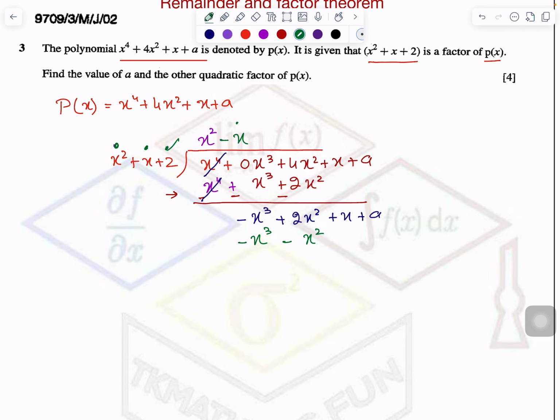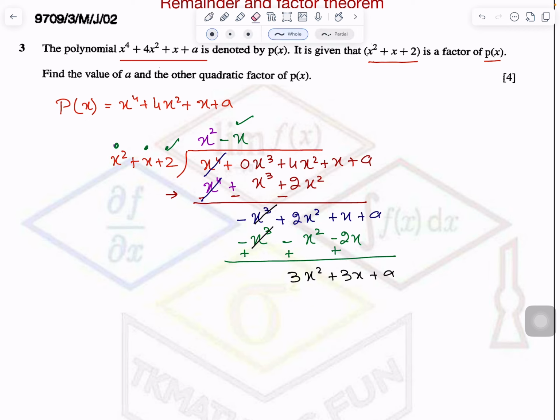Then plus 2 multiplied by minus x will be minus 2x. Again you will subtract, so signs will change of the second polynomial because you're subtracting from the above one. So now what will happen? This will cancel out and you will be left here with 3x square plus 3x plus a. Right?